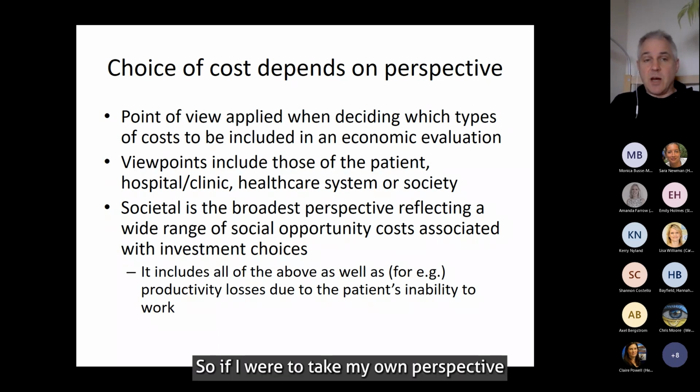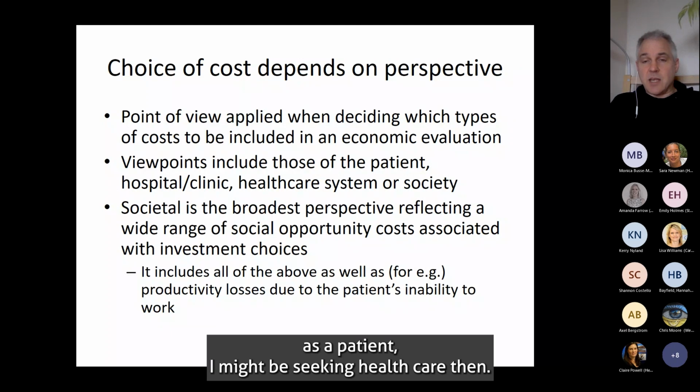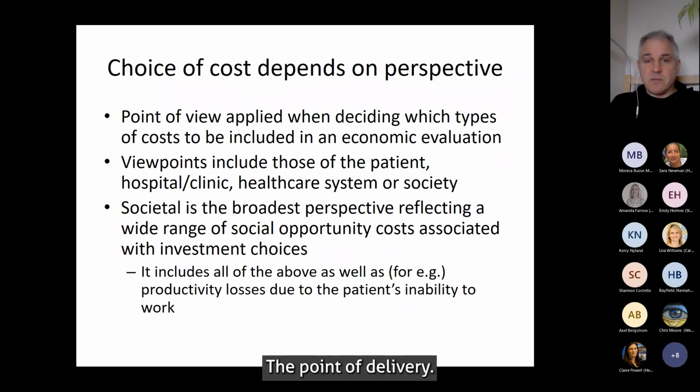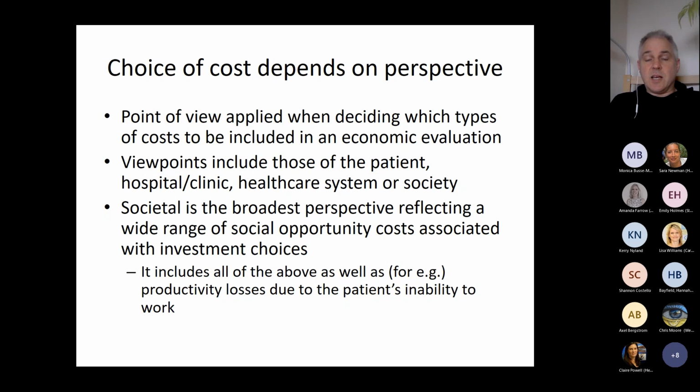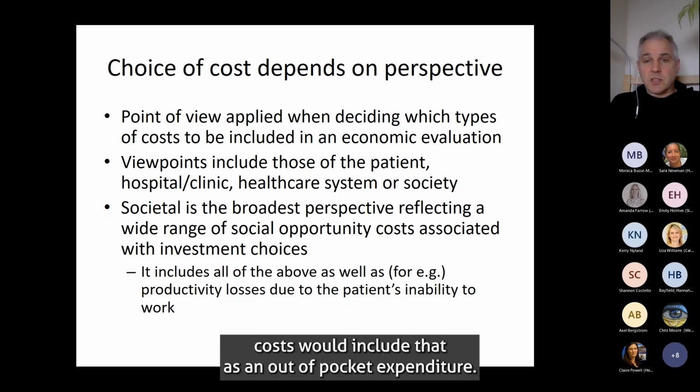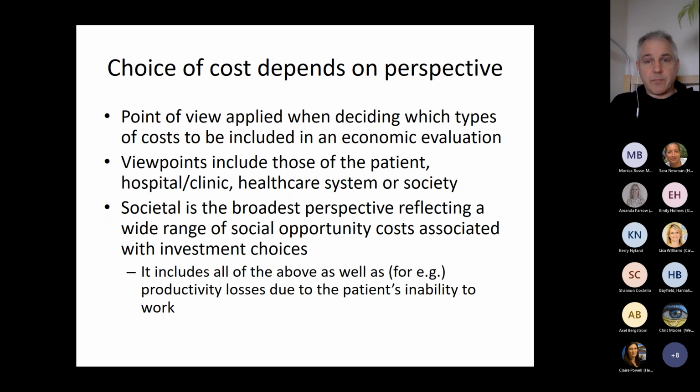So if I were to take my own perspective as a patient and I might be seeking healthcare, then most things are free at the point of delivery. But if I were to purchase treatments over the counter in a pharmacy, for instance, then my breadth of costs would include that as an out-of-pocket expenditure.